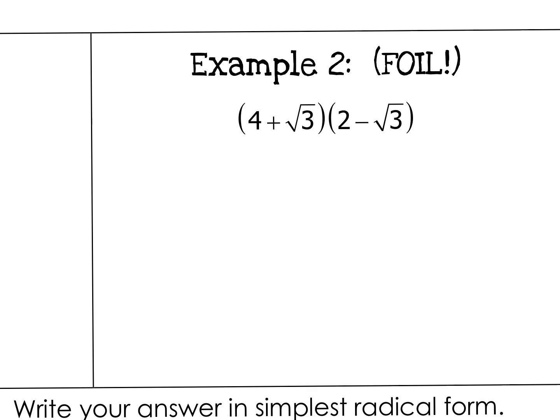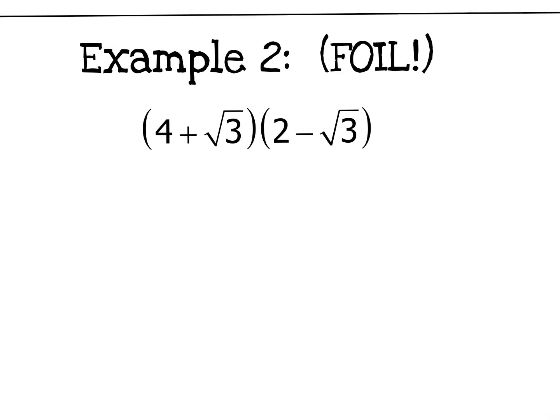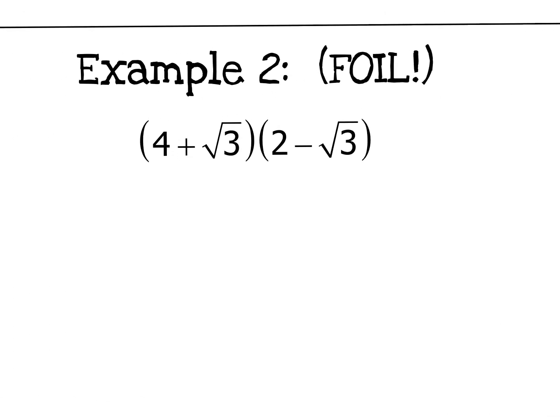Next will be FOIL. All right, FOIL. First, outer, so multiply them. And then you multiply this term to this term, go inner, and then last. All right, so 4 times 2, 8. 4 times negative square root 3 will be negative 4 square root 3.